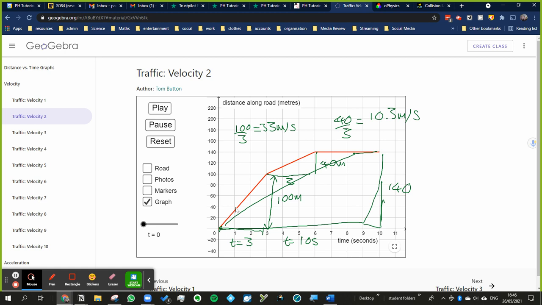But because we only took measurements every second, we just assume that he travelled at the same speed between second 1, second 2, second 3, right? So if I only took a measurement at 0 seconds and at 10 seconds, I would just get a straight line if I join them up.